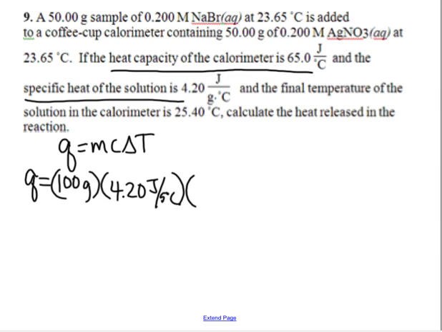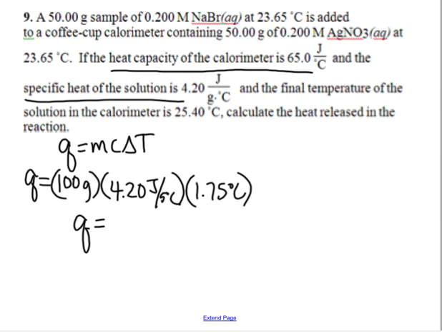My final temperature? Let's just go ahead and give me delta T straight up so I can save space on the board. Is this 1.75? 1.75 degrees Celsius. All right, so let's go ahead and give me a whole number because I think there's enough sig figs of how many joules go to the thermometer.